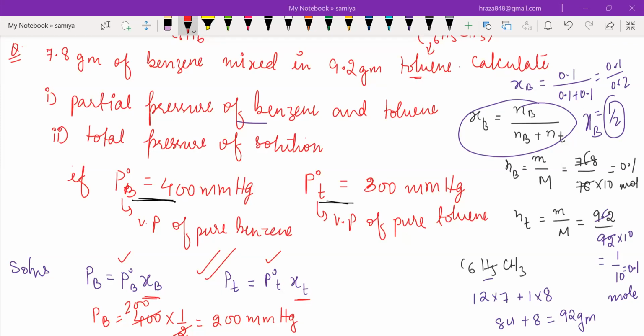Can you solve the next one? Yes. Yes. Yes.